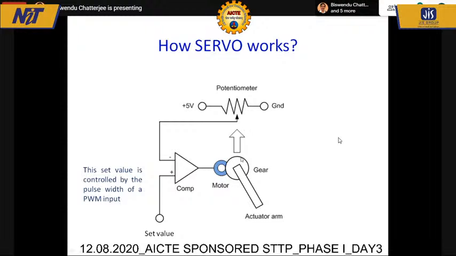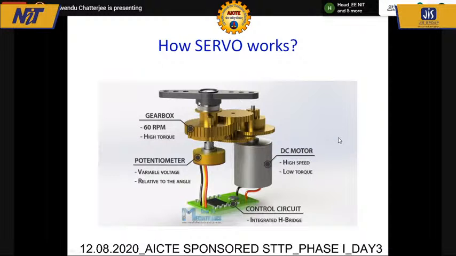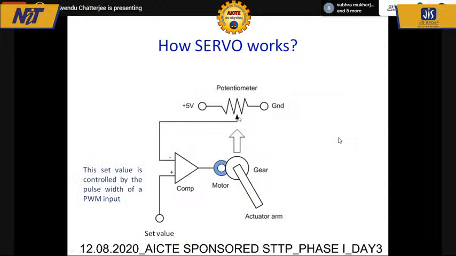The motor will turn and move the wiper of the potentiometer. I repeat again, if the gear rotates, the shaft of the potentiometer is coupled to it, and the wiper inside the potentiometer turns along with the shaft. So the value is changed.